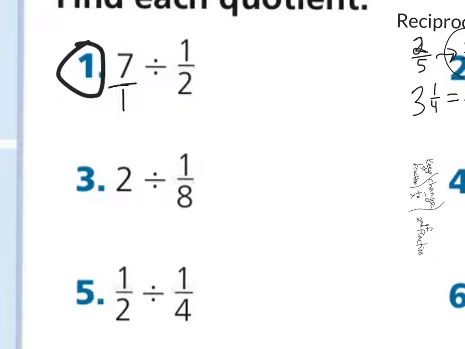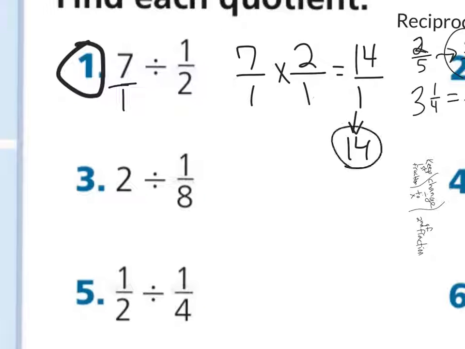And then we are ready to go here. Keep, change, reciprocal. Whoops. Reciprocal, I did not do. There we go. When you multiply that, it would be 14/1. 14 divided by 1 is the same as 14. So the answer is 14.